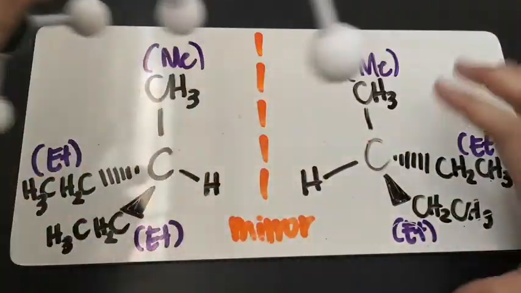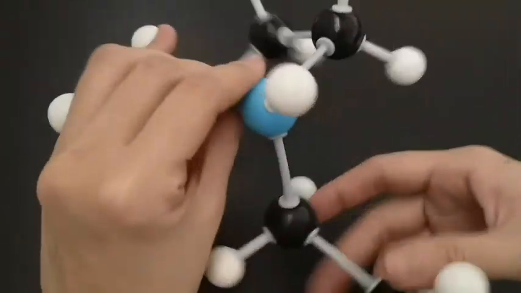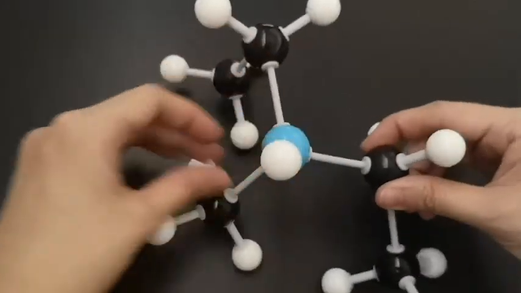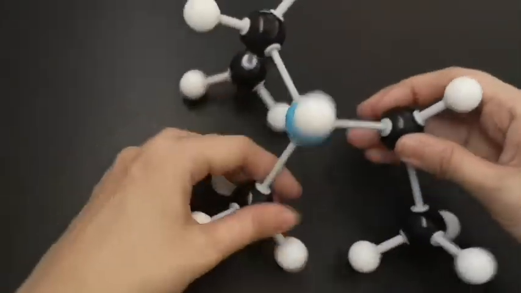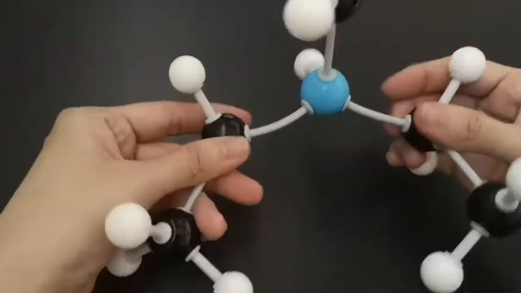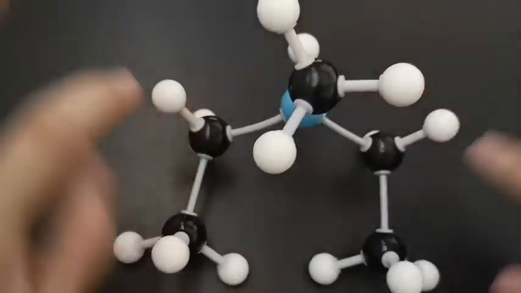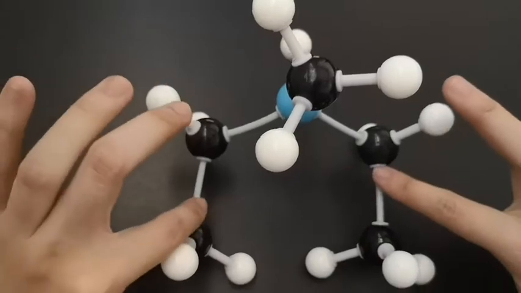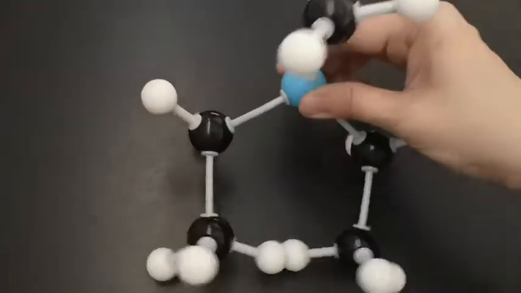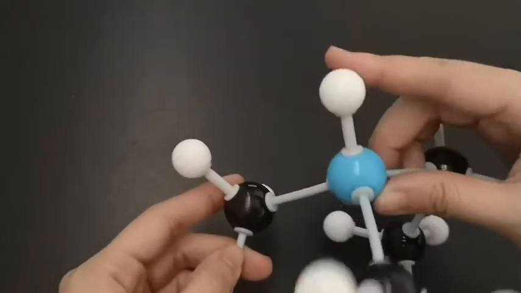I have the molecular model right here. And the plane of symmetry would be right here. So here are your 2 ethyl groups. You have your methyl group right here, your carbon-3 right here, and hydrogen.